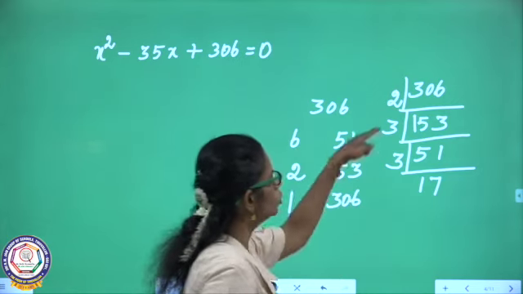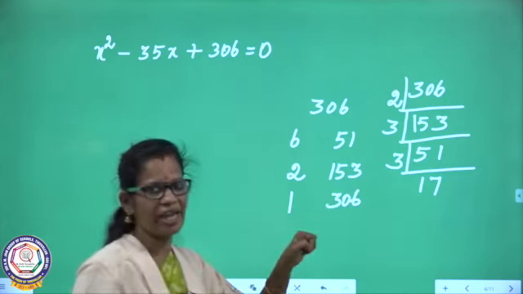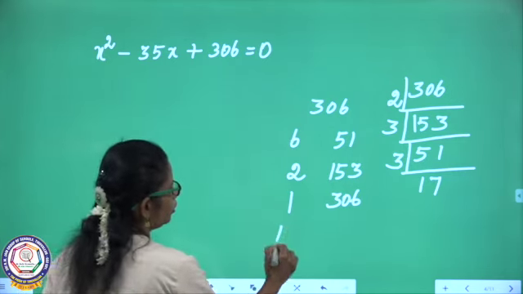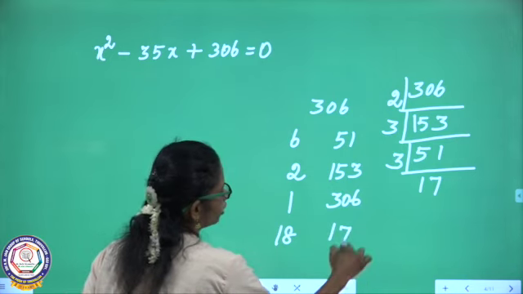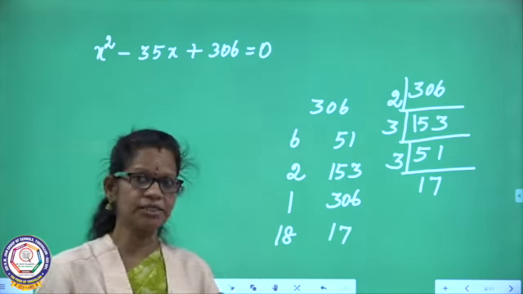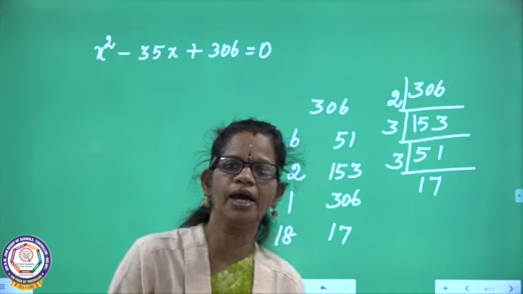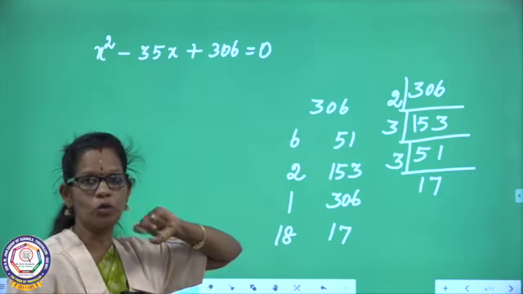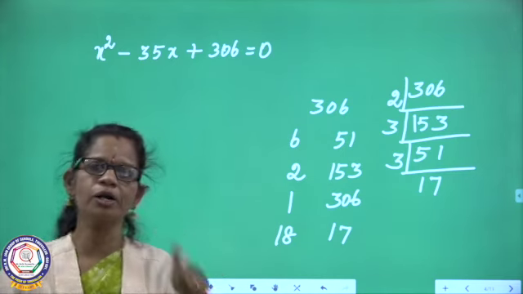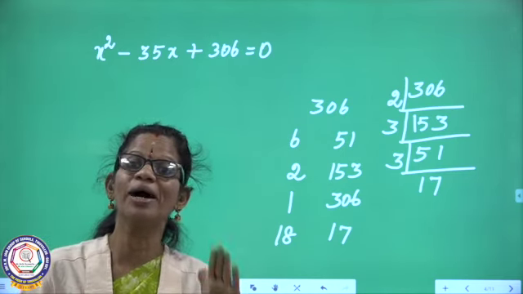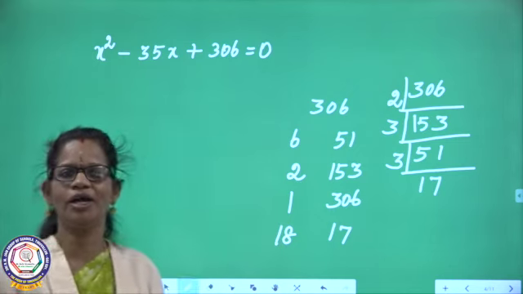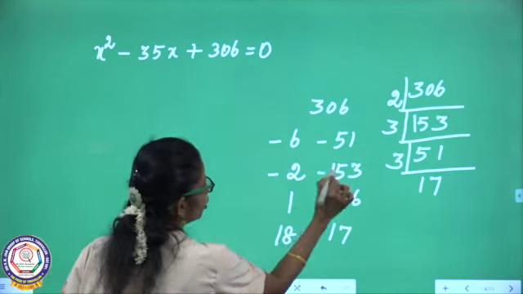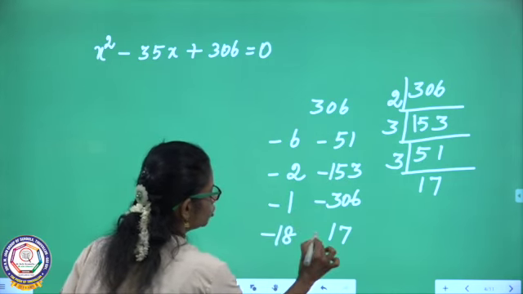Next, 2 3s are 6, 6 3s are 18, 18 and 17, right? See, I told you, I discussed a lot. Again I am repeating, your sum is negative, product positive. That means both the possibilities are negative, right? You have to put the negative symbol near the number.